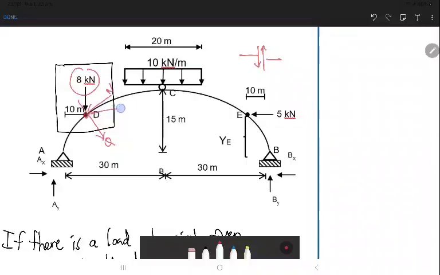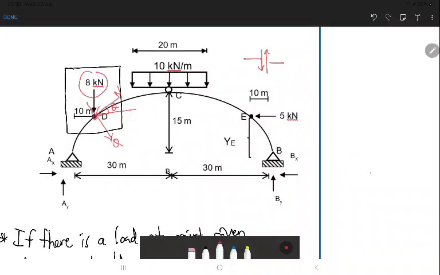Okay, what is the angle here? You need to find. So this angle bring to here and here. This blue arrow representing here and representing here.